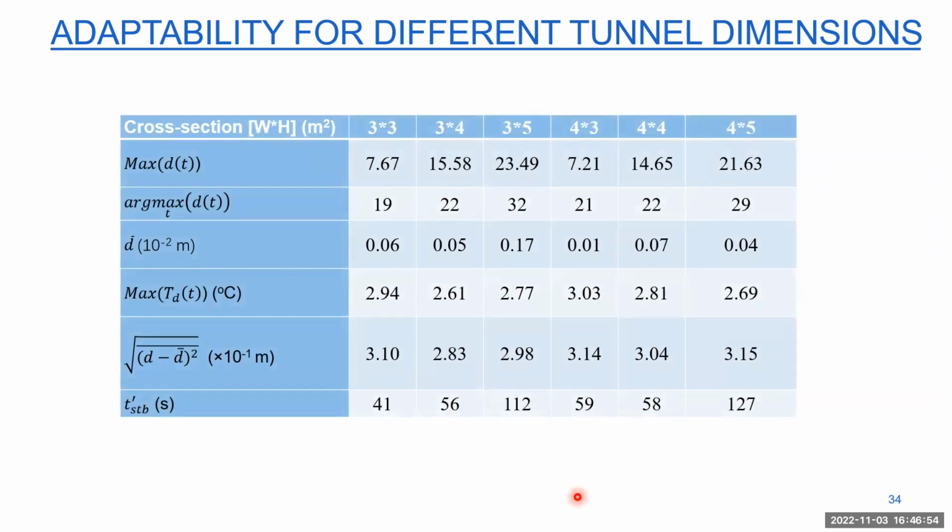This result also shows that almost every metric is mostly influenced by the tunnel height, but not the tunnel width. And the average back-layering length is close to 0 as well. It shows the good adaptability of the proposed method.